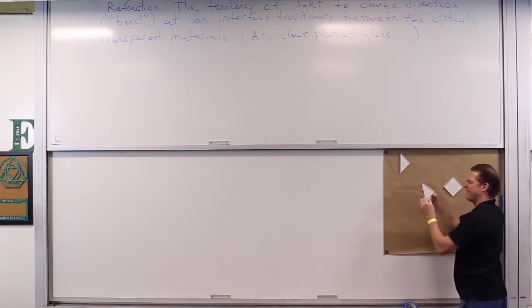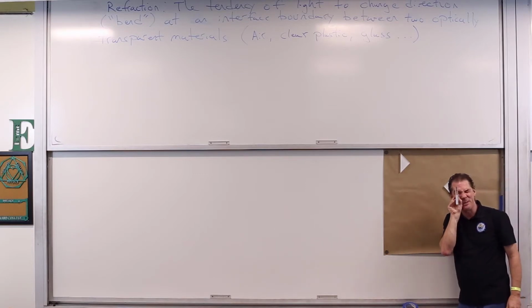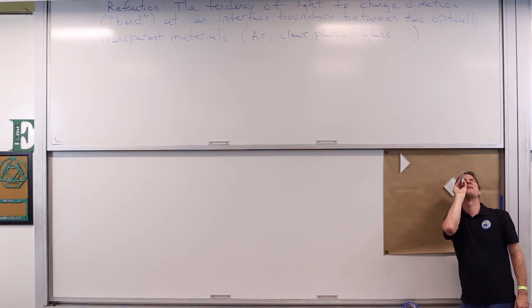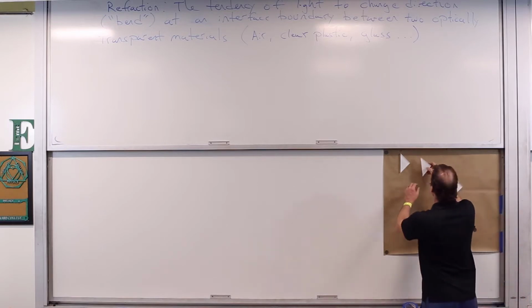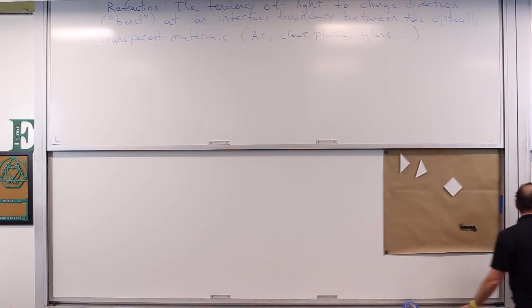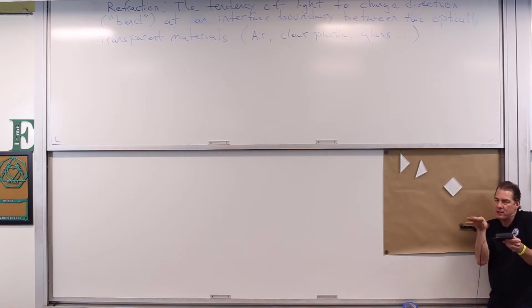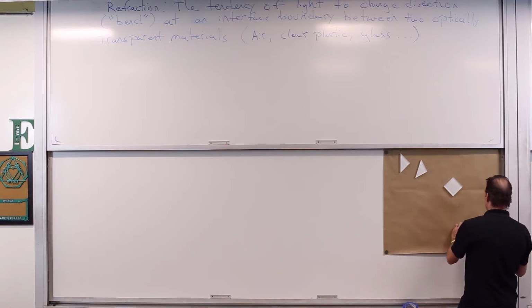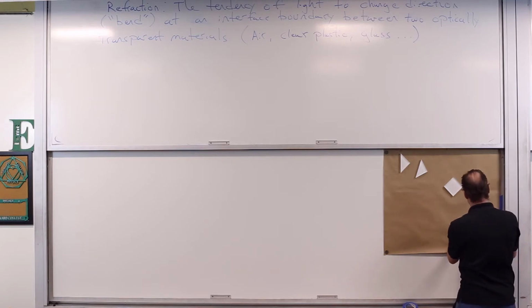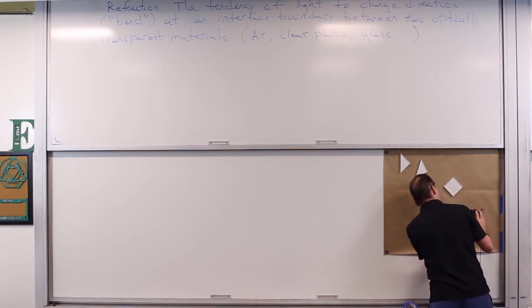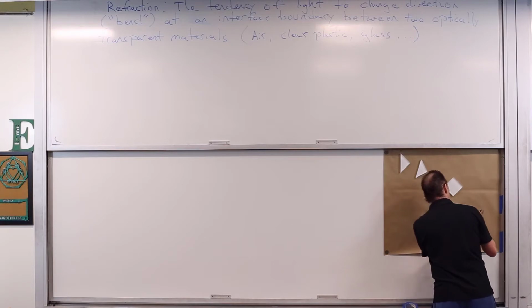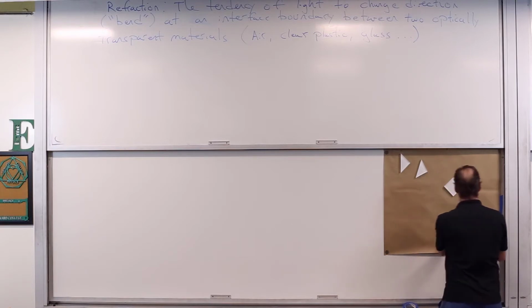These are just little triangular shapes. And I've got a little light ray box that shoots out some lasers, and it's a nice red laser. Let me get this set up here, and we'll see what we can do with this.